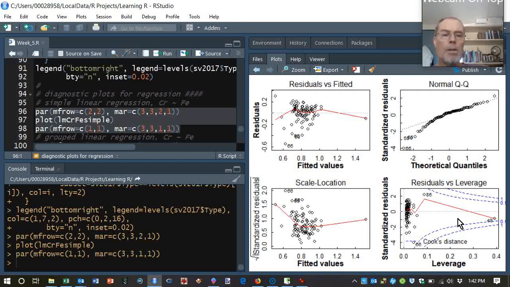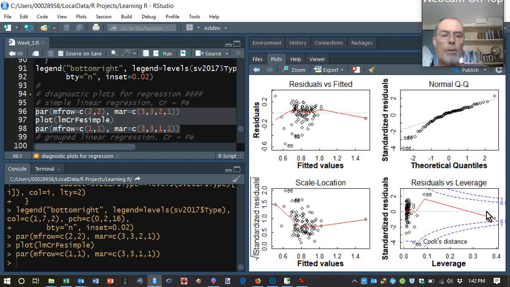And Cook's distance gives the influence effect of individual points, and really we want a Cook's distance less than 1. The thresholds for Cook's distance are shown with the blue dotted lines, the outer one 1, the inner one 0.5. We've got quite an influential point in row 49, and the influence is calculated by removing that point and rerunning the regression and seeing what difference it makes.